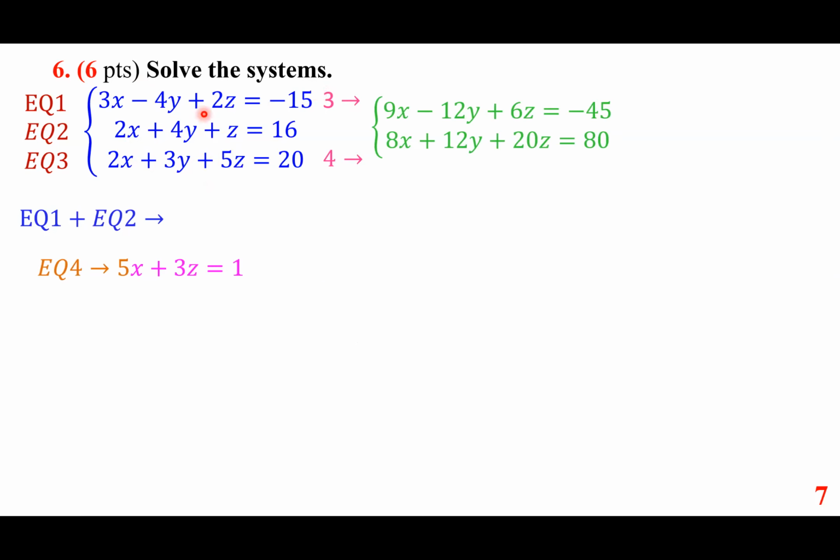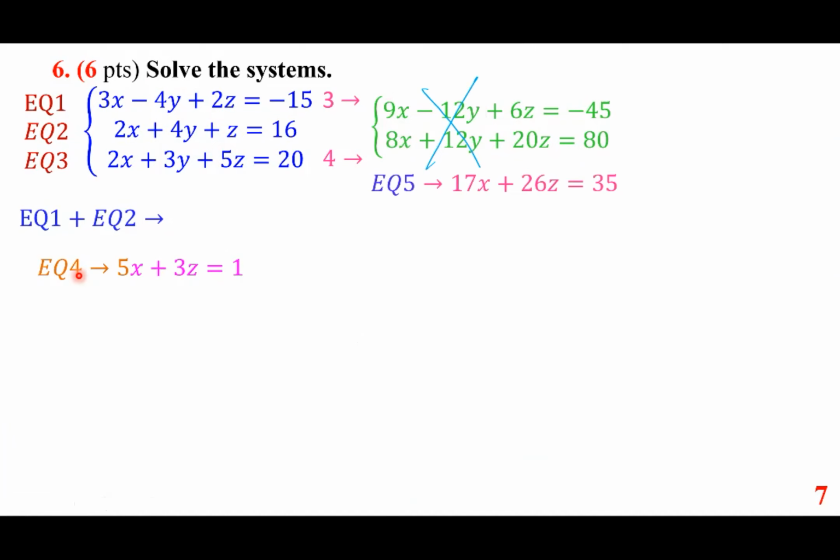So this becomes 9x minus 12y plus 6z equals negative 45. And this multiplication by 4 is 8x plus 12y plus 20z equals 80. These two cancel each other. And now we put them together, 17x, 26z, 35.